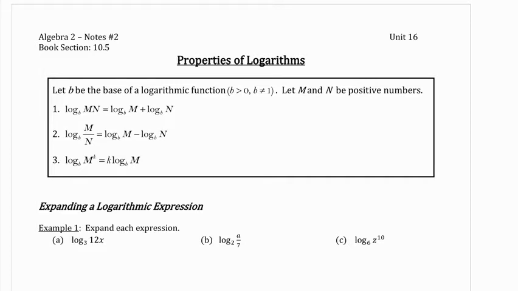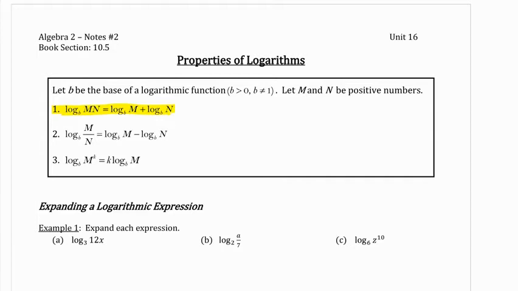So these three properties are the properties of logarithms that we focus on a whole lot, and they will kind of look familiar. The first one here, we've got log base b of mn, like m times n. We can change that and separate the m and the n to be log base b of m plus log base b of n.